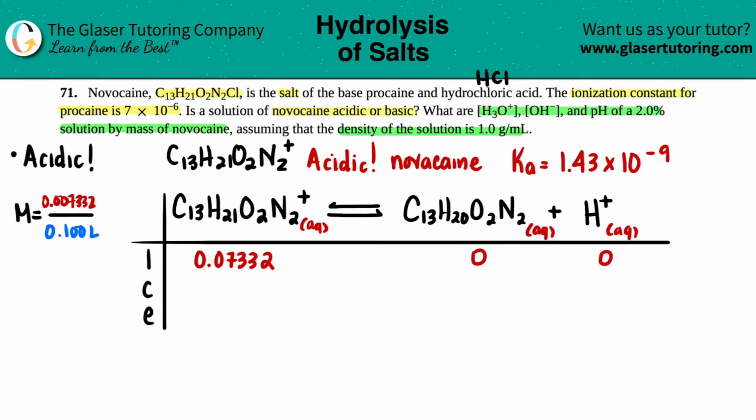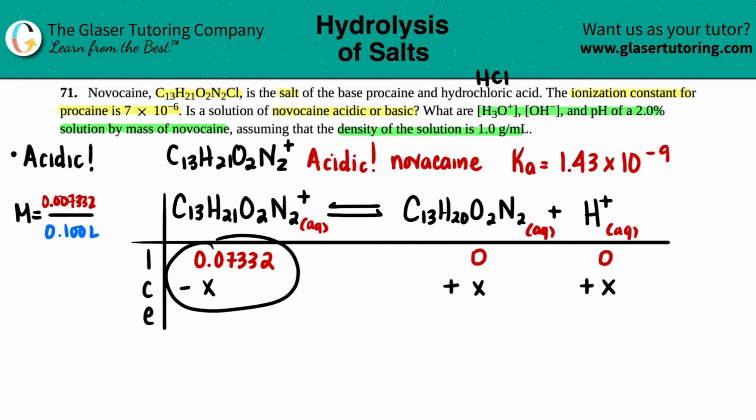C stands for change. Well, if you start off with nothing, you could only go up from there. So we know that this side, the product side, has to be addition, and the reactant side has to be subtraction. Do we know by how much? Not at the moment. So minus X, and plus X. Equilibrium is when you combine all of them together, initial and change.